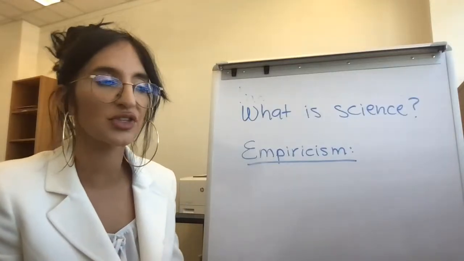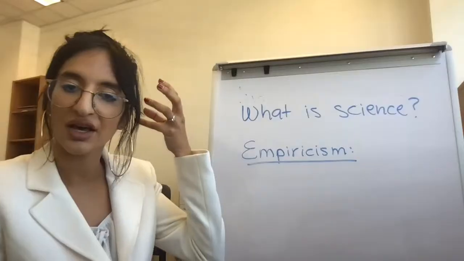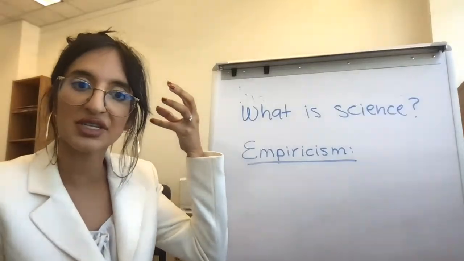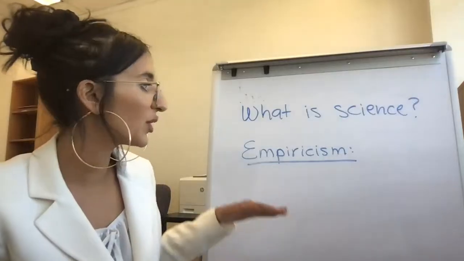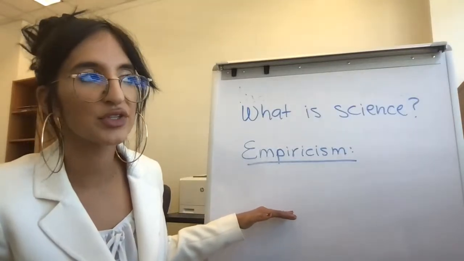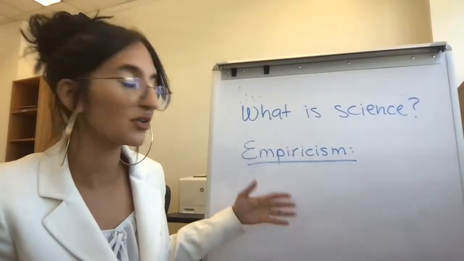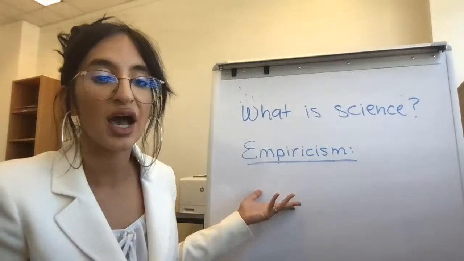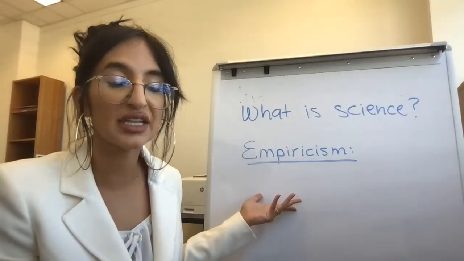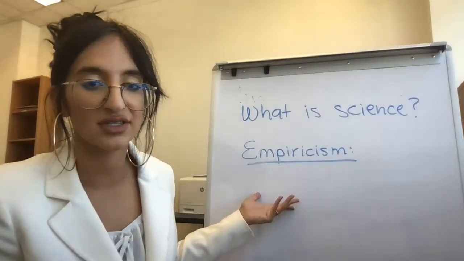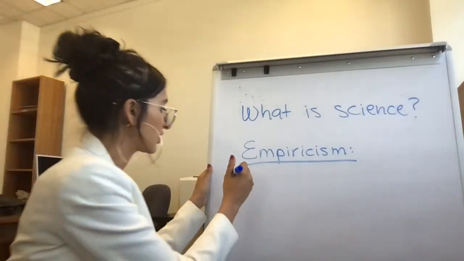Do we come to know things just through thinking in our minds and reasoning about things? Is it a mixture of both? So empiricism is a method of inquiry where knowledge is obtained from our five senses. Okay, so I'm going to write that down.